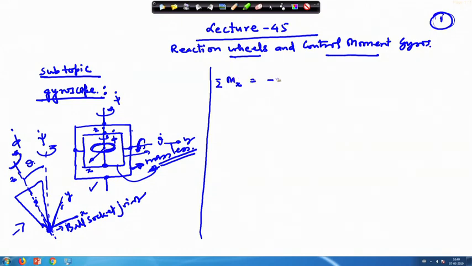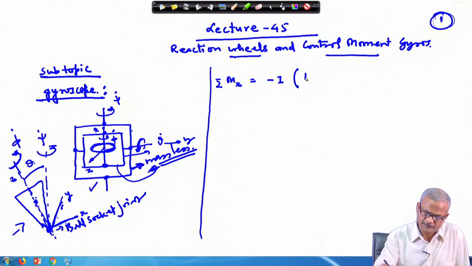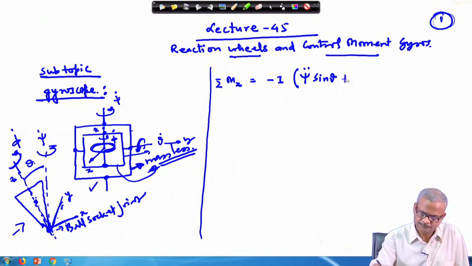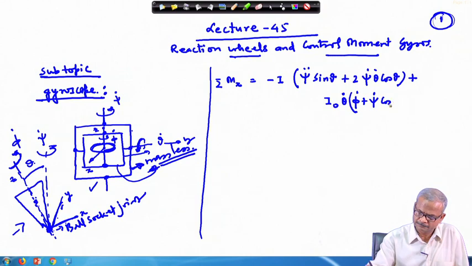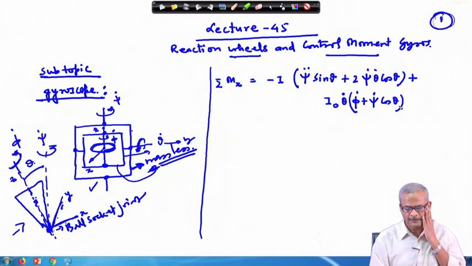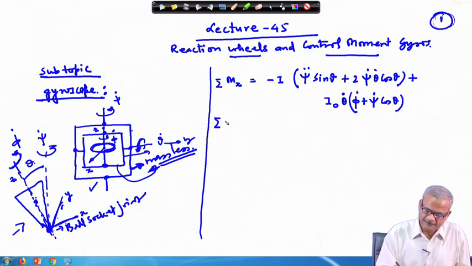This was minus I times psi double dot sin theta, and so on. So, this was one of the equations. The second equation we have written.